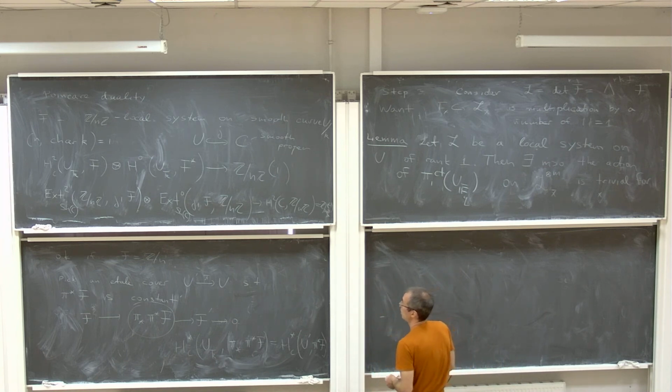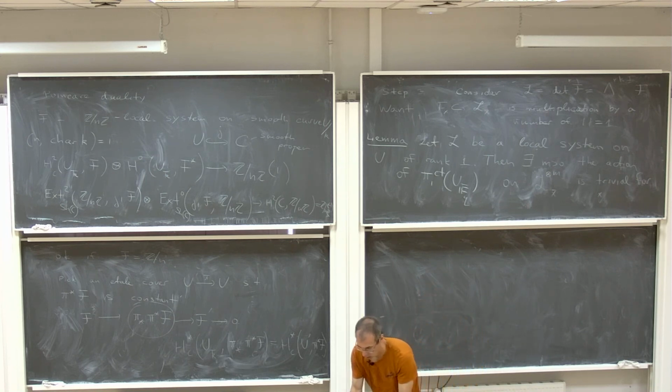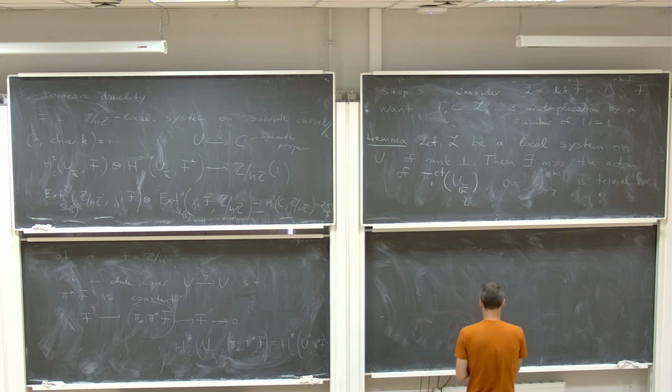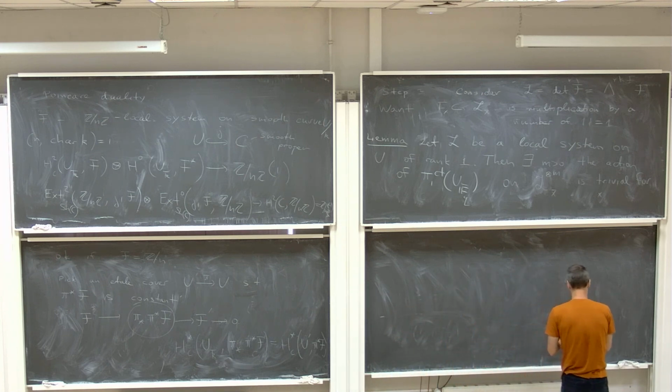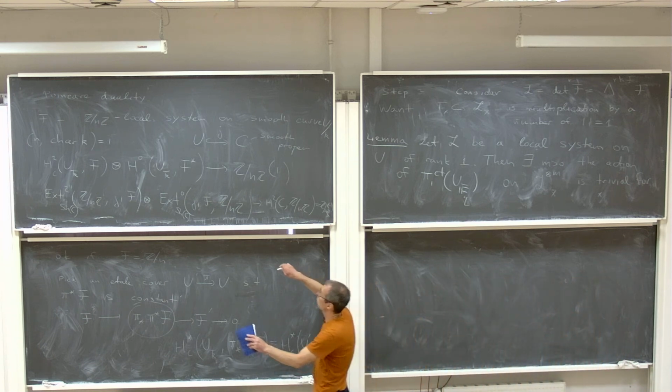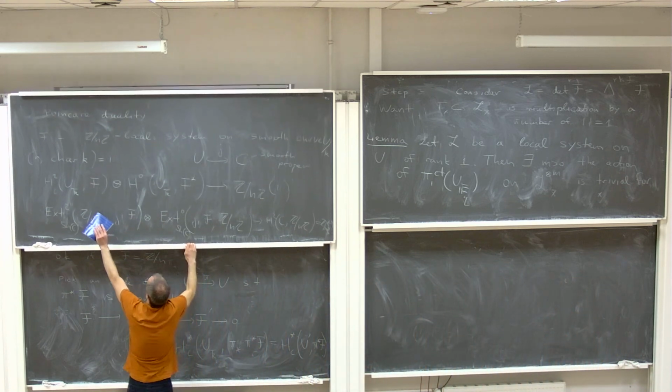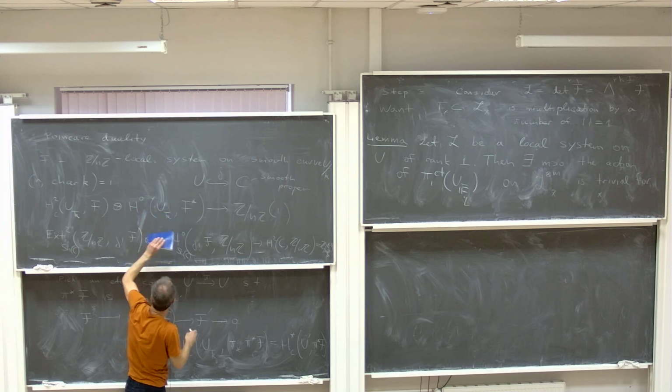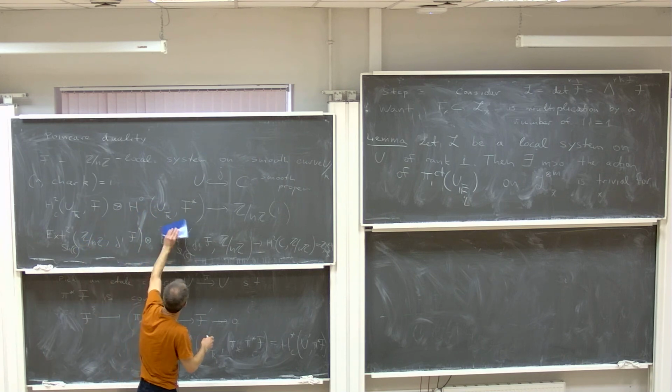So here is a sequence that I'm interested in. We want to show that the map from this group to the dual of this is an isomorphism.